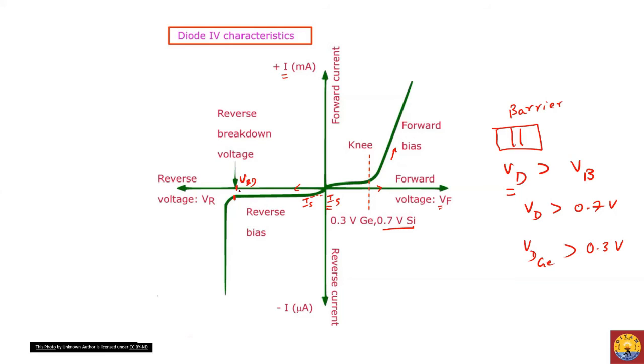But beyond a certain voltage called the breakdown voltage, the current is increasing very suddenly. Okay, so this particular region is called breakdown region. So current will flow at a very high rate. You can see current increases at a very fixed value of potential. So this is called the breakdown region.